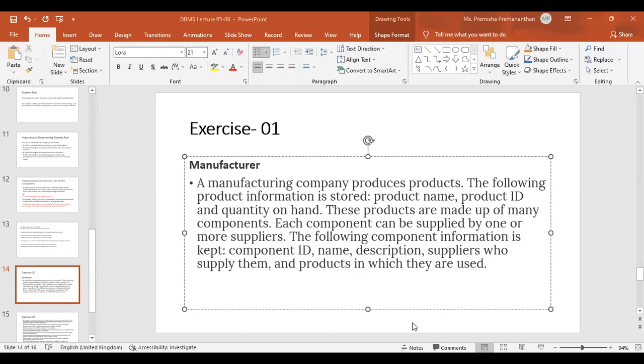How many business rules here? Just read the paragraph.